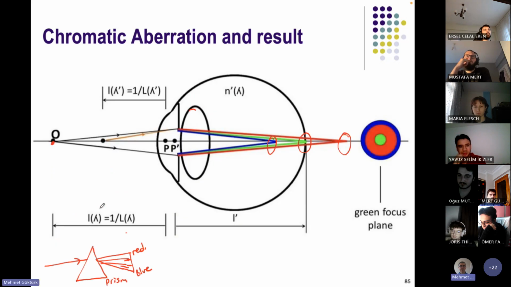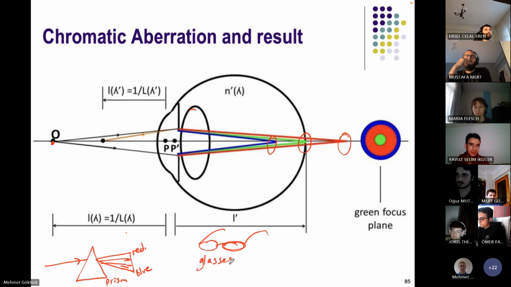This thing is also visible in glasses that we wear, because the glasses we wear are made up of lenses.